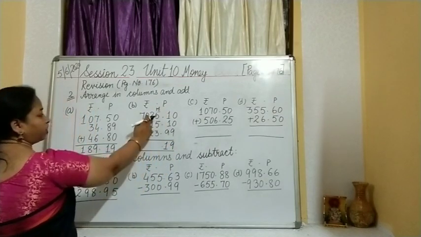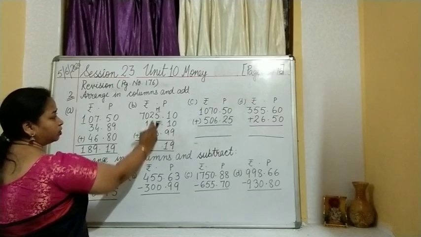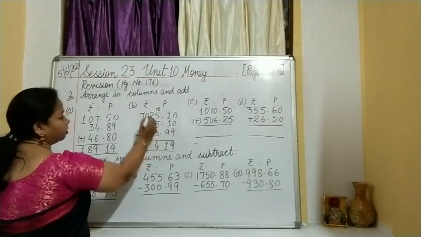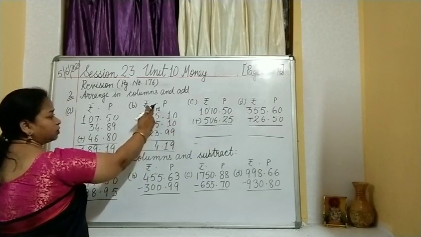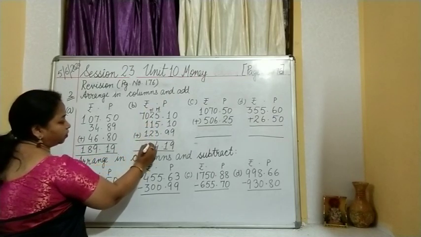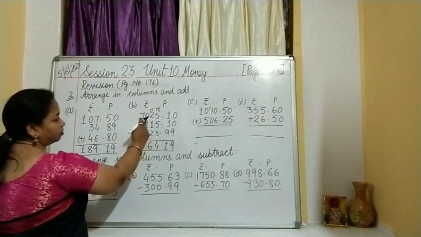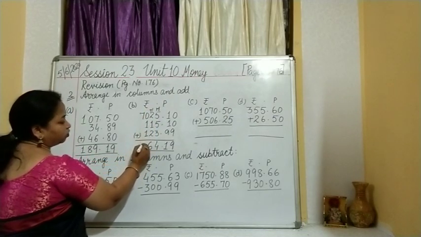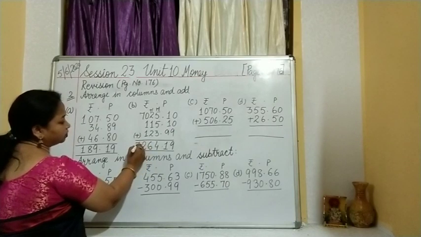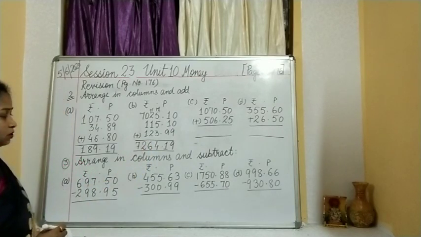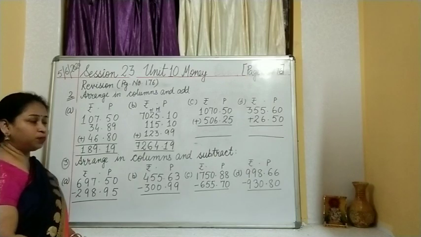Then 5 plus 5, 10, 10 plus 3, 13 plus 1, 14, 1 carry, 2 plus 1, 3 plus 1, 4, 5, 6, then 0 plus 1 plus 1, what will you get? 2, and this is 7. So this is the answer for B.